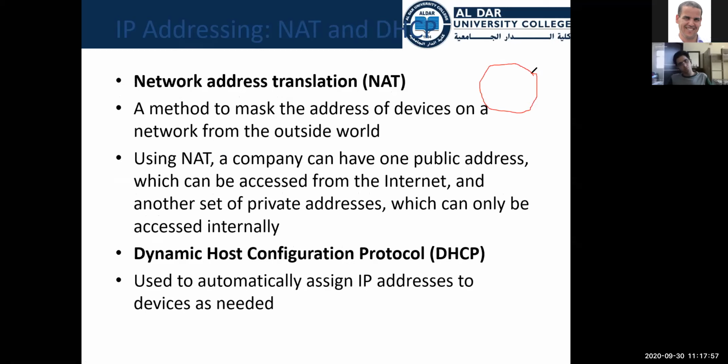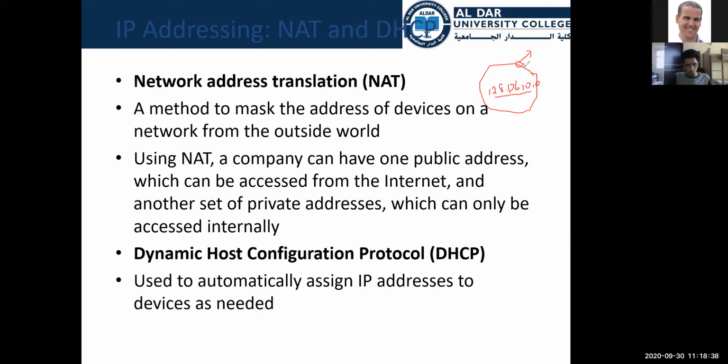If we have a company, it has internal IPs in dotted decimal format, for example 200.120.28.00. These are the internal IPs, but the entire company can be defined by just one public IP.